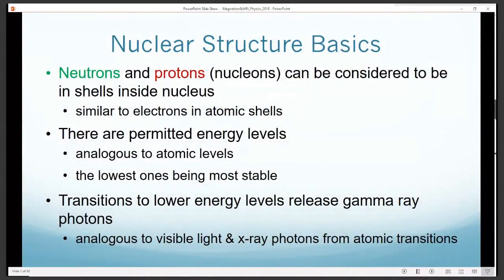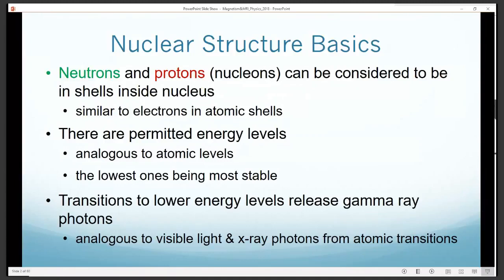Now, nuclei exhibit magnetism too. As you know, nuclei are composed of neutrons and protons, collectively called nucleons, and they can be considered to be inside energy levels inside the nucleus, similar to the way electrons are classified as being in energy levels in atomic shells.